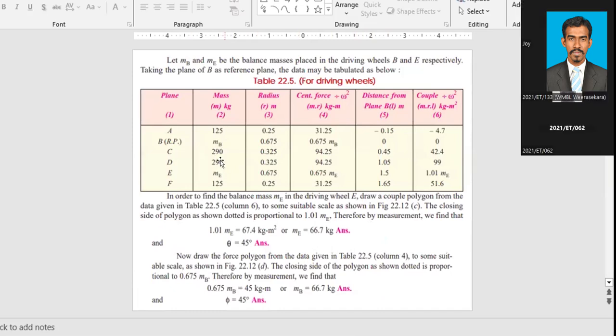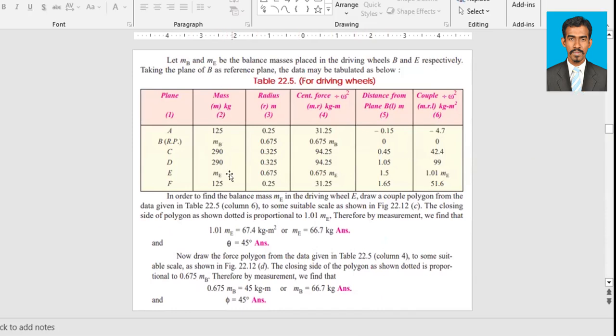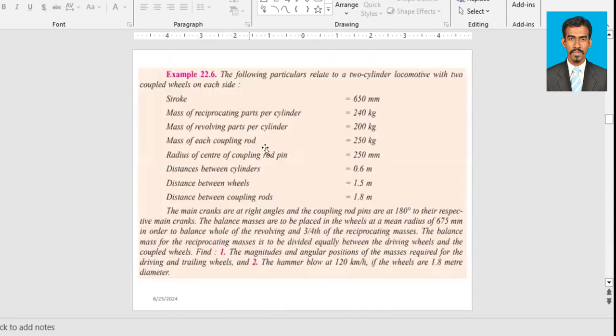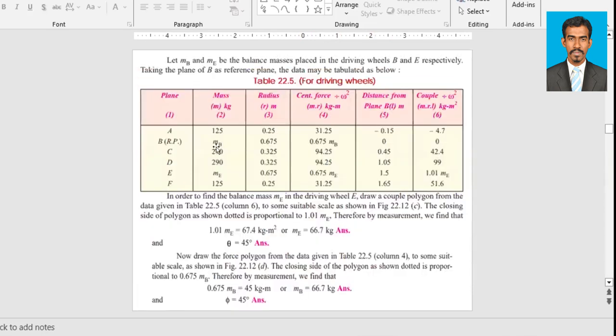So now we have found the masses. Now the radii are also given, so we'll gather them from the question. For the coupling rod, the radius of the center pins of the rod pin is 250 millimeter, which is equal to 0.25 meter.